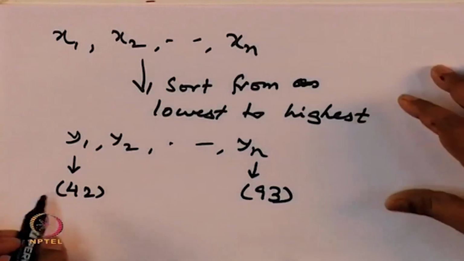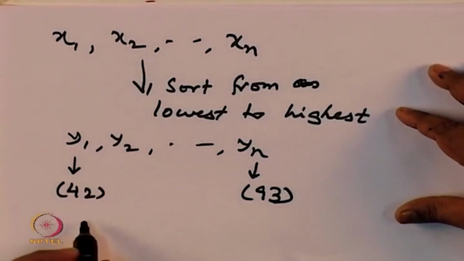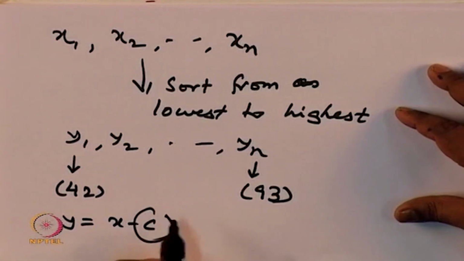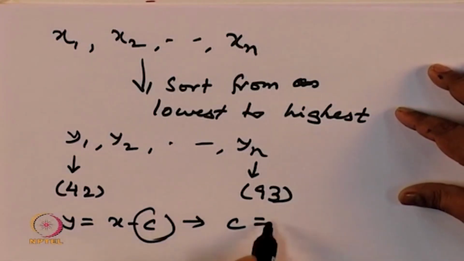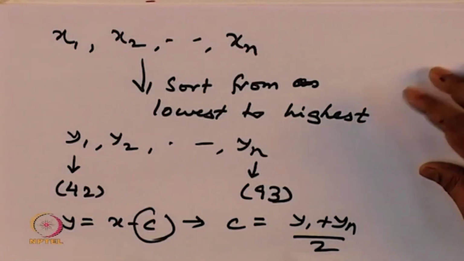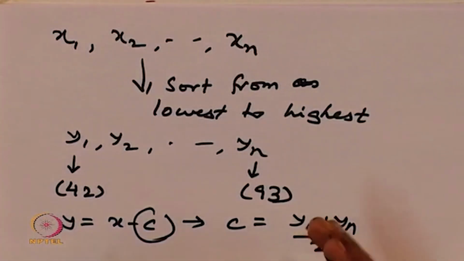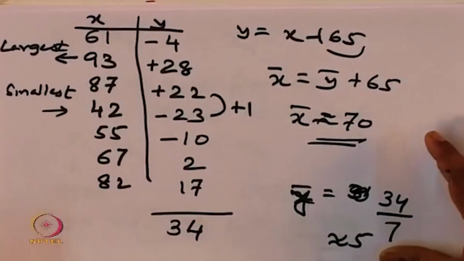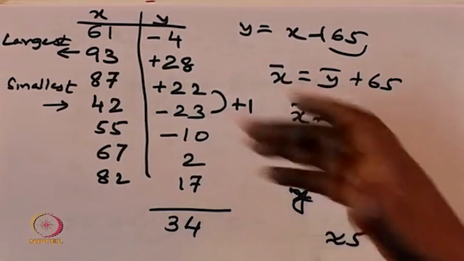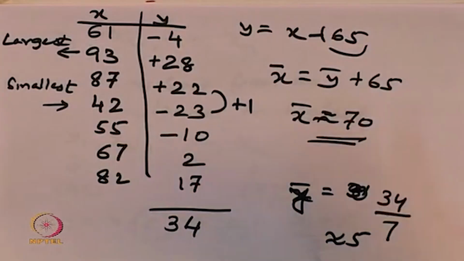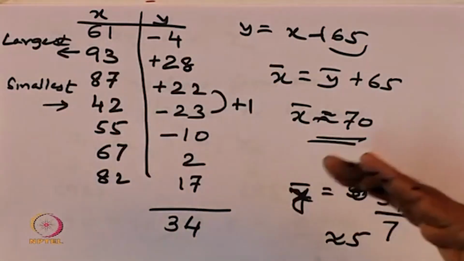Okay. So, what we can now do is have this transformation y is equal to x minus c, where c is nothing but what we chose, the average of y1 and yn. Okay. So, the idea is that when you choose something in between and apply this transformation, you will get some numbers which are negative and some numbers which are positive, because 65 is roughly in the middle of this range.